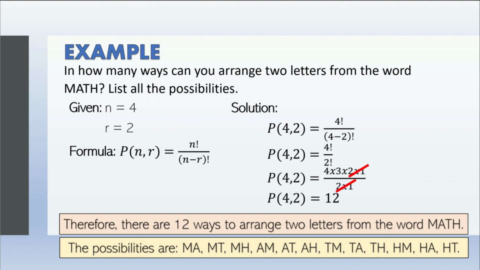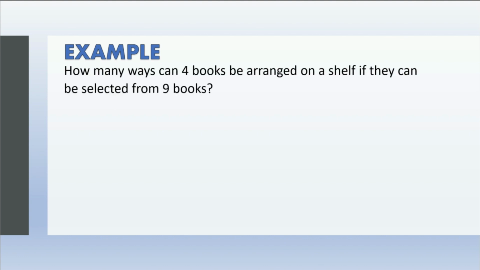Let's have another example. How many ways can 4 books be arranged on a shelf if they can be selected from 9 books? First, let's identify the values of n and r. N is the total number of objects, and that is 9 because we have 9 books. R is the choosing objects, which in the given problem is 4 books.